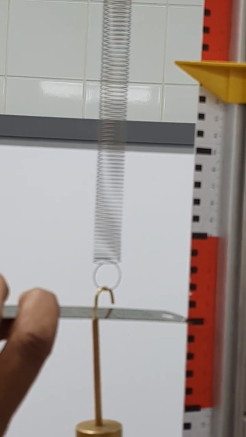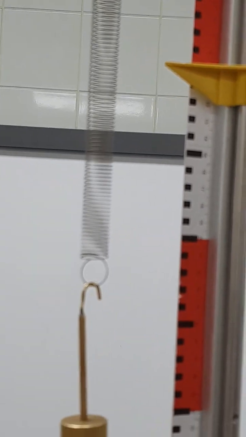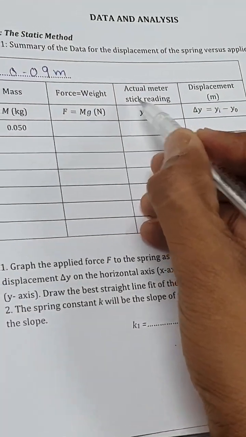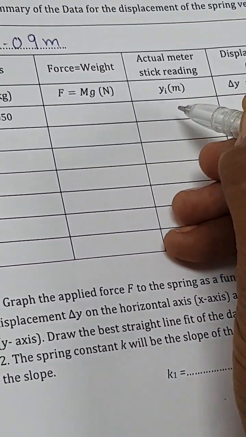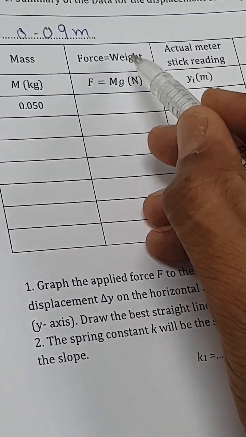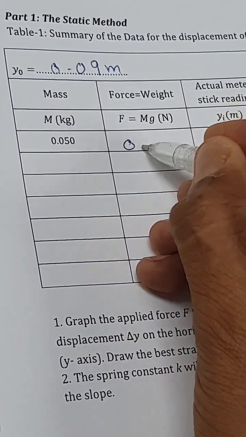Now it is about 23 centimeters. So the actual metric stick reading is 0.23. The force is equal to 0.05 multiplied by G, which is 0.49.